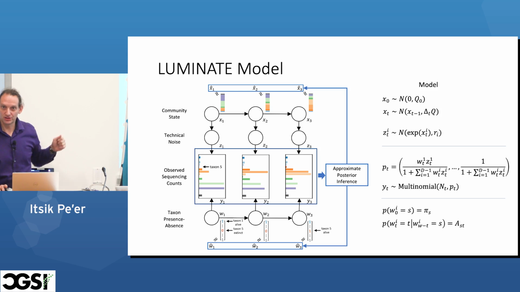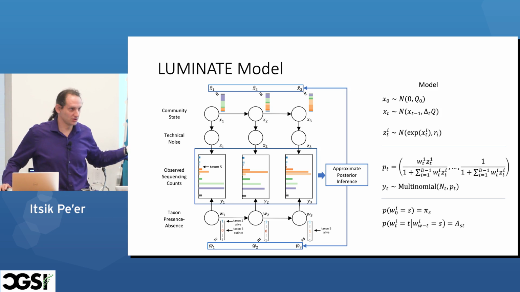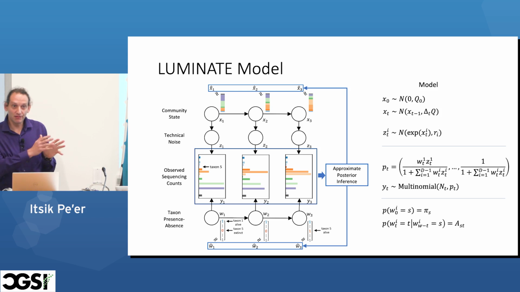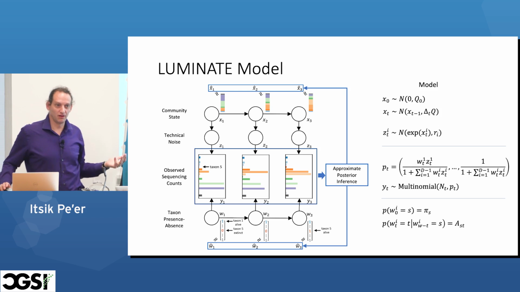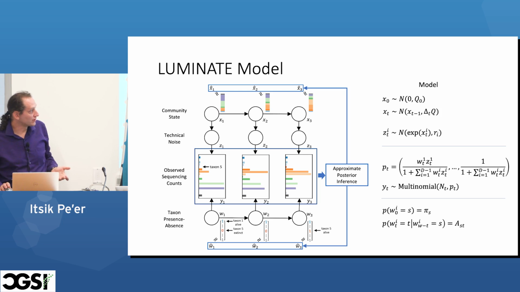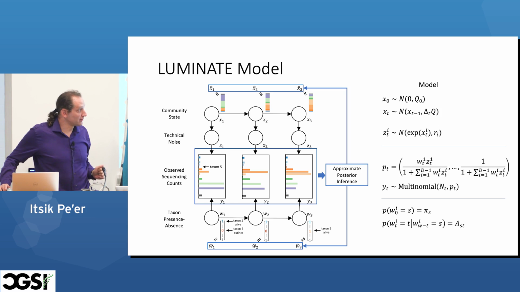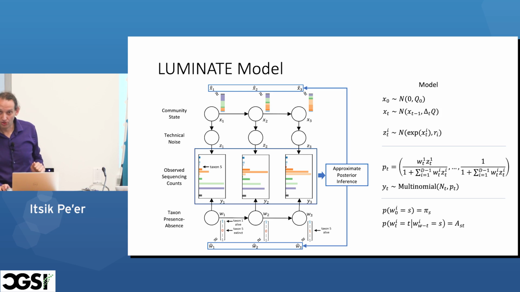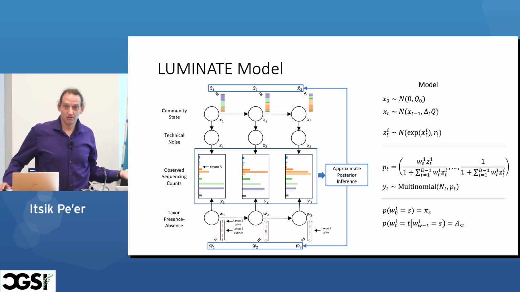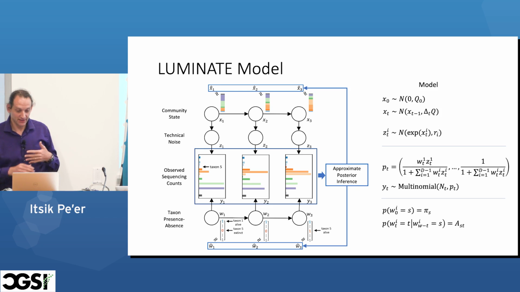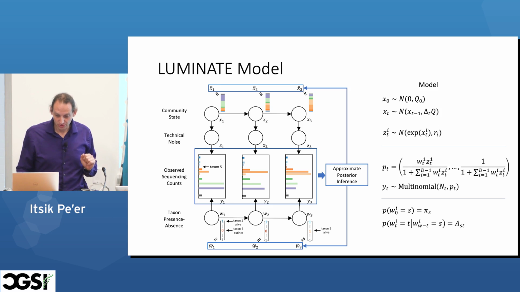Now, this is the model, and if you remember Nick Mancuso's presentation about variational inference, this is a model that lends itself to variational inference because you can approximate this distribution in a very decomposable manner, which is what we're actually doing, and that allows us to effectively infer the parameters of the model, which is what we're after.